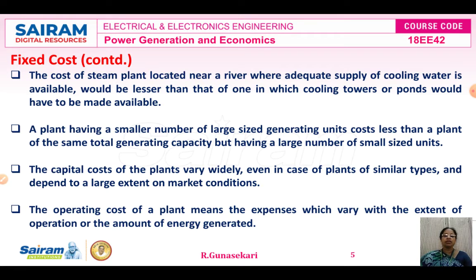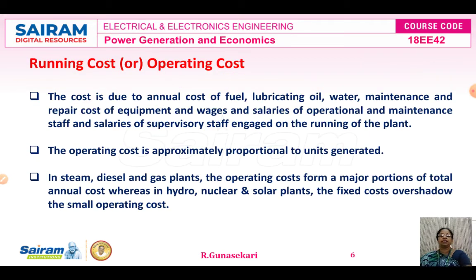The capital cost of power plants varies widely, even in the case of power plants of similar type, and it depends to a large extent on the market condition also.